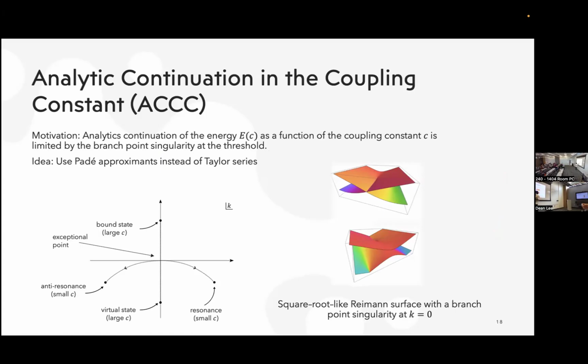One of them will become a resonance, and the other will become something called an anti-resonance. This is a square root type behavior. As a function of the coupling constant, it forms a square root-like Riemann surface. So it's a singularity, and if there's a singularity, you cannot use Taylor expansions. That's why you have to use something like Padé approximants. That's what ACCC does.